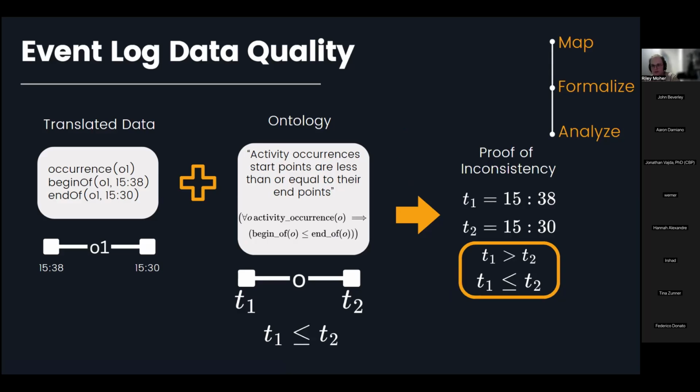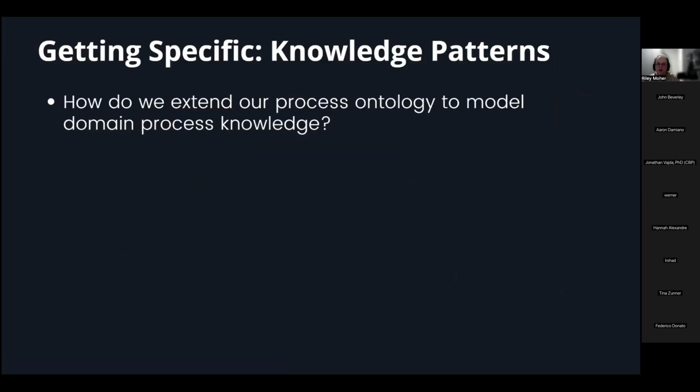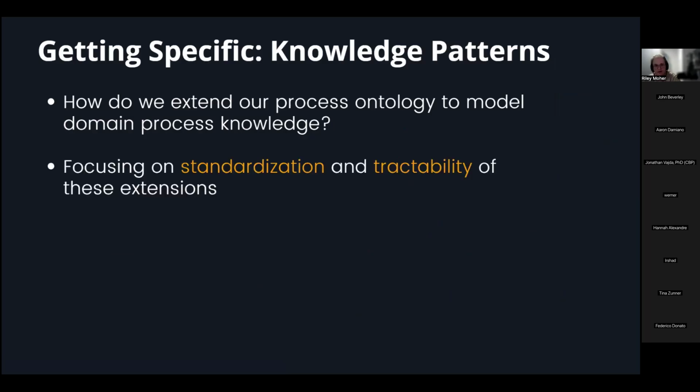But what about when we want to incorporate elements from our domain? How might we extend our process ontology to model that domain process knowledge? And we want to focus on how we standardize and make it more tractable in terms of having a standard and scalable way of applying the ontology that doesn't necessarily require deep insight and understanding of the ontology, so that it can be used by process mining practitioners and data analysts rather than only ontologists.